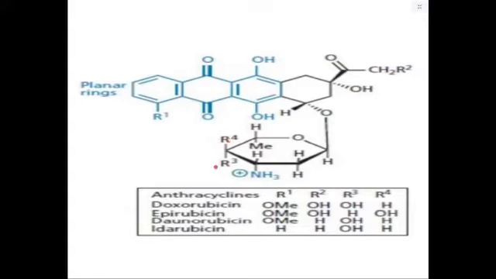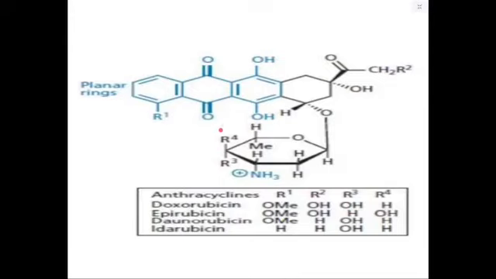Therefore, R3 can also be a hydrogen or hydroxyl group. In other words, there can be epimerization at that point, and that's why we have epirubicin. Epi means it is the epimer of doxorubicin, again giving structural difference and of course differences in the activity.